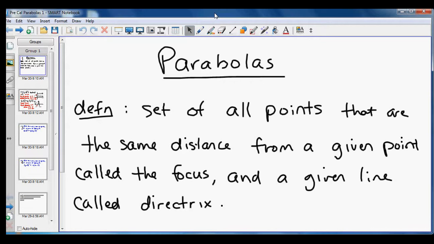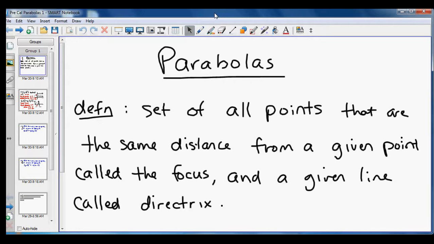The definition of a parabola is a set of all points that are the same distance from a given point, called the focus, and a given line, called the directrix. Notice, a circle is all the points that are the same distance from just one single point, the center.